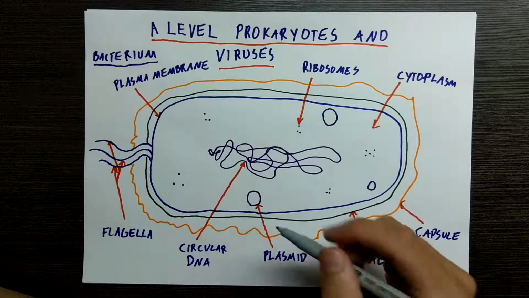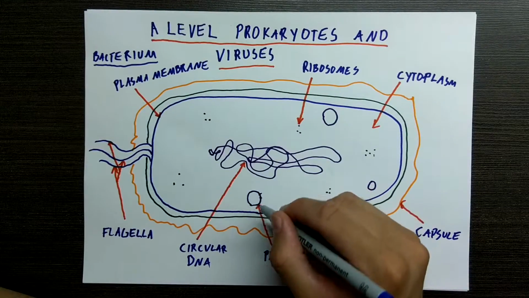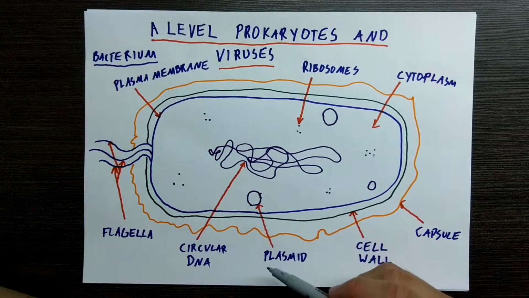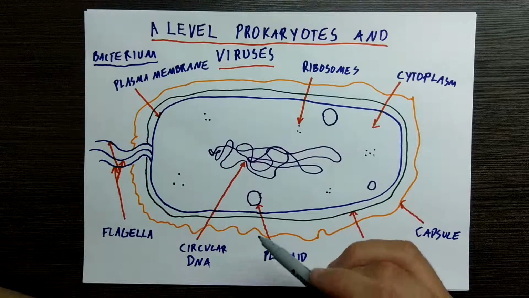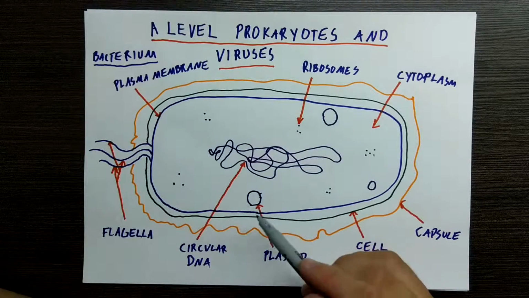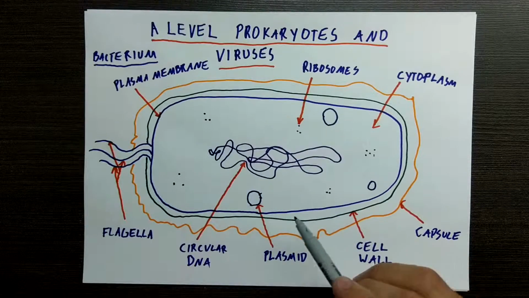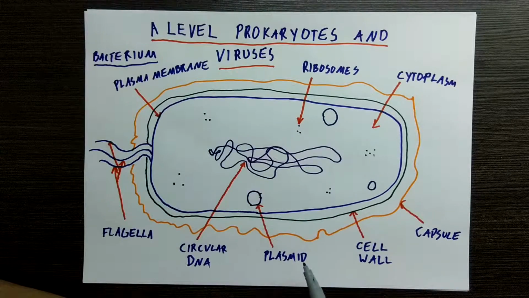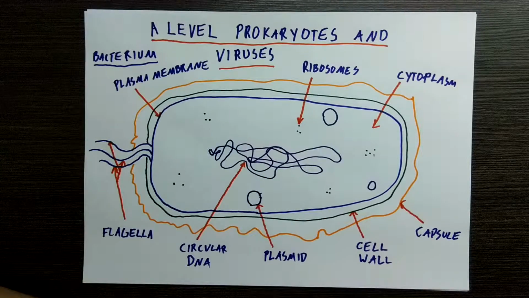So they can have an antibiotic resistance gene on this plasmid, say somewhere here, and then they can give that to another bacteria, and then that other bacteria also becomes antibiotic resistant. It starts producing enzymes that can break down these antibiotics before they can do any real harm to the bacteria. So these little structures are very, very important.